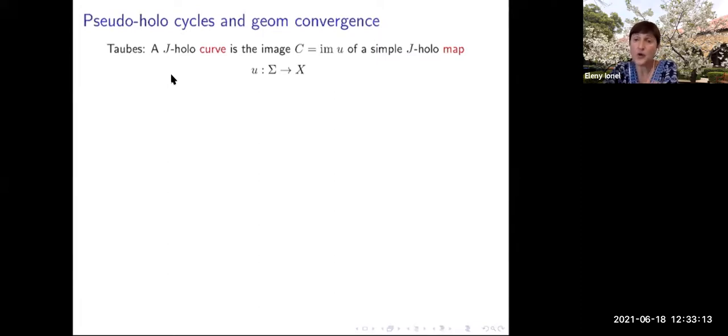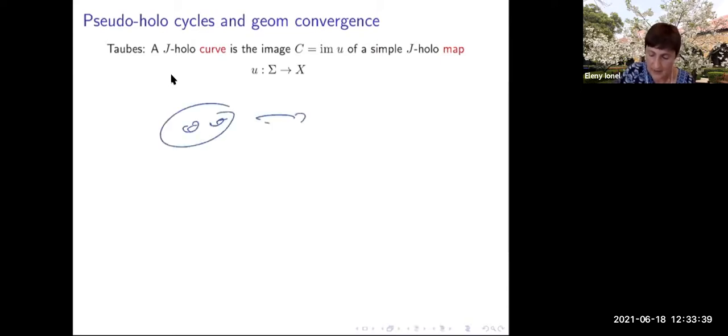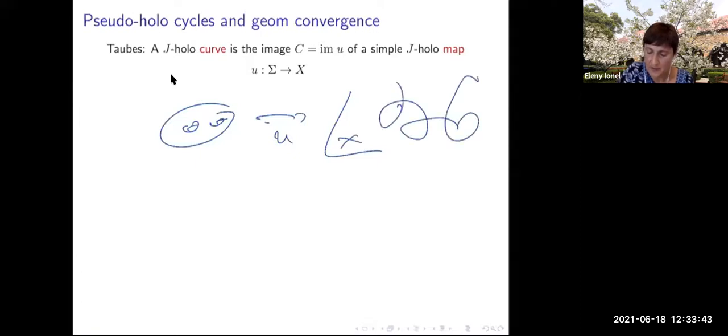We're not going to look at maps modulo parameterization with Gromov convergence, but a more convenient way for our purpose is to follow Taubes and think of a J-holomorphic curve as the image of a simple J-holomorphic map. The image could be singular, but it's simple, so it's not a multiple cover.